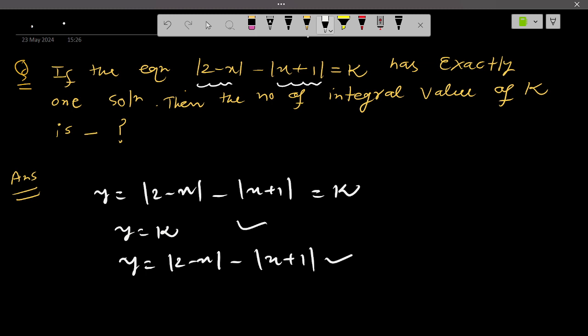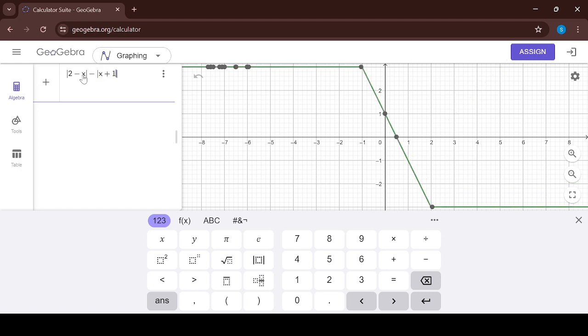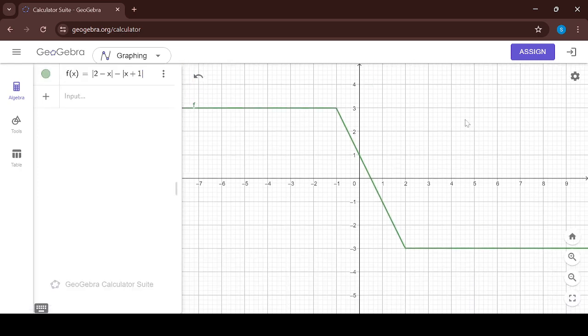Okay, so quickly I will show you this with the help of practicals a little bit with my favorite tool, GeoGebra. What is my function? My function is |2 - x| - |x + 1|.